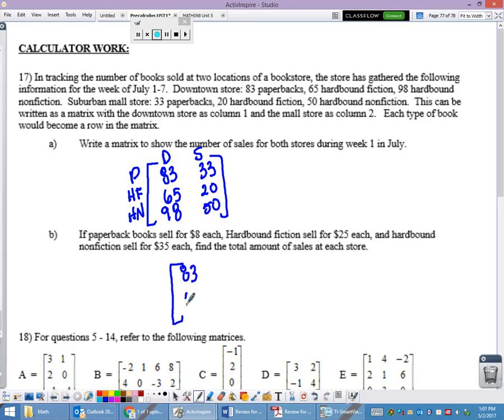So if this is already a 3x2 matrix, I know the matrix I'm going to multiply by has to match.